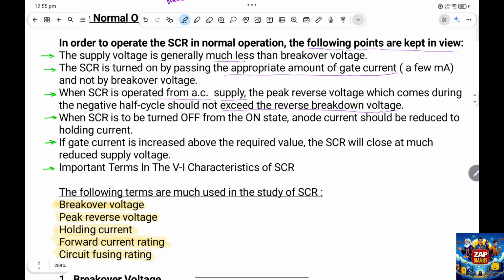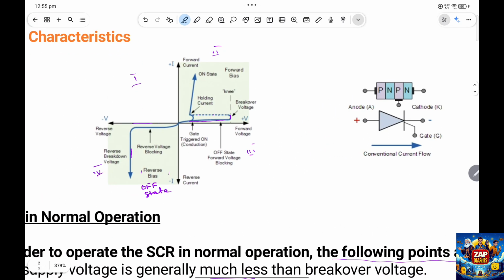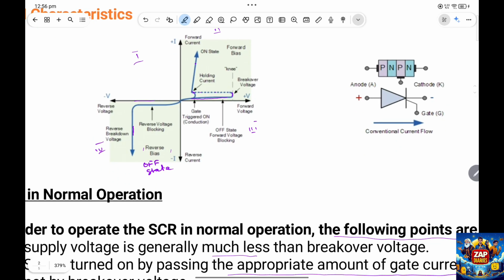When an SCR is turned off from the on state, like it's already on but you have to turn it off, the anode current should be reduced to the holding current. This is the holding current. You raise the anode current to keep it turned on, but if you want to turn it off, just reduce the anode current to this point, and it will turn off automatically.